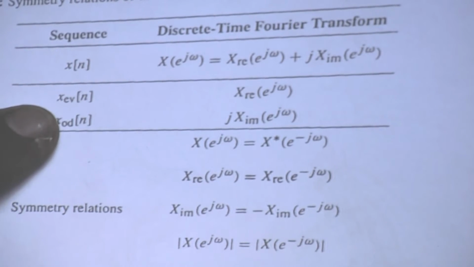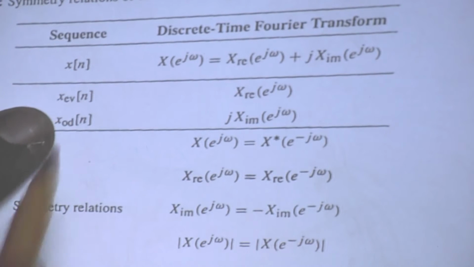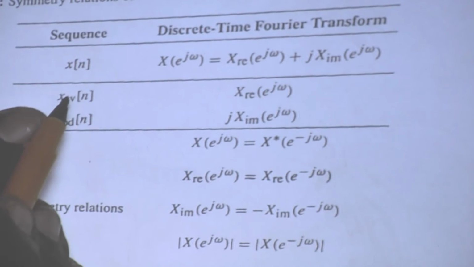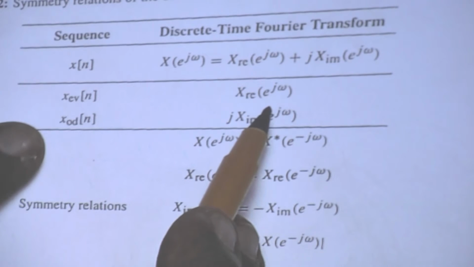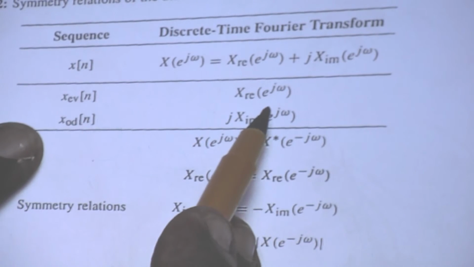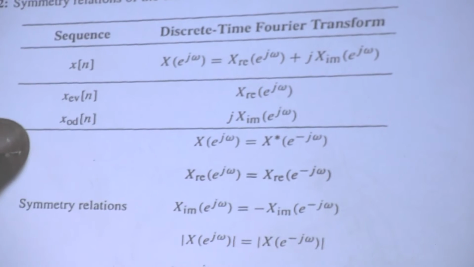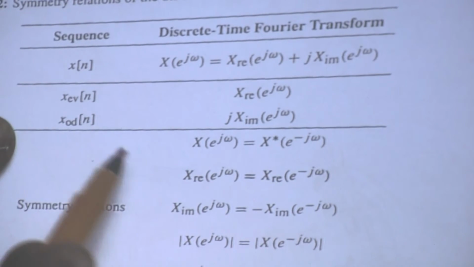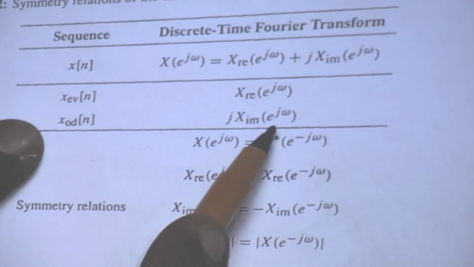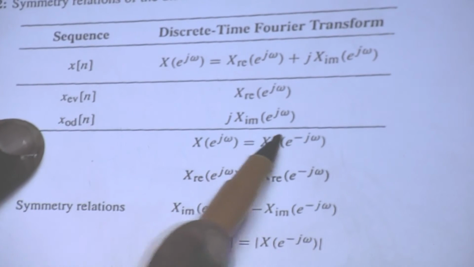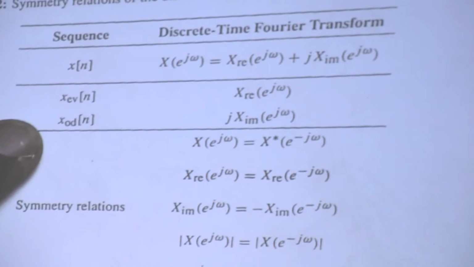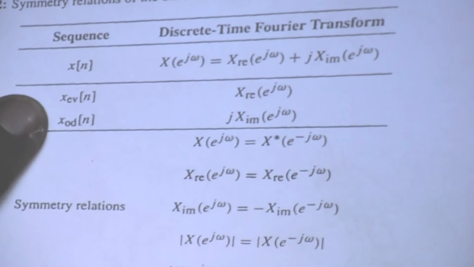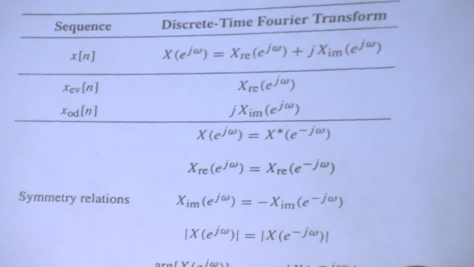So the even part of this sequence x[n] will have a Fourier transform that is the real part of X of e to the power j omega. The odd part of x[n] will have a Fourier transform that is j times the imaginary part of X of e to the power j omega. Let me explain this particular property.